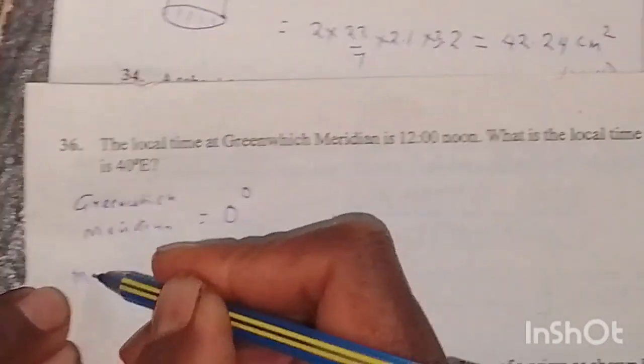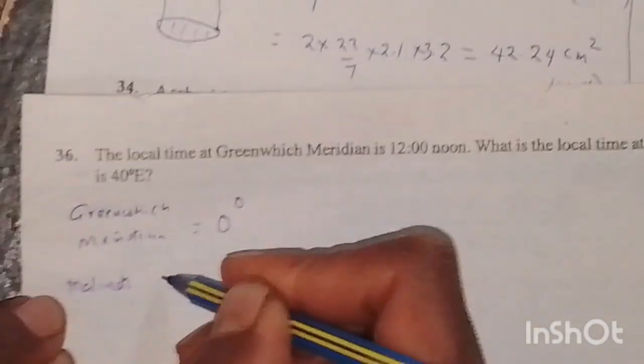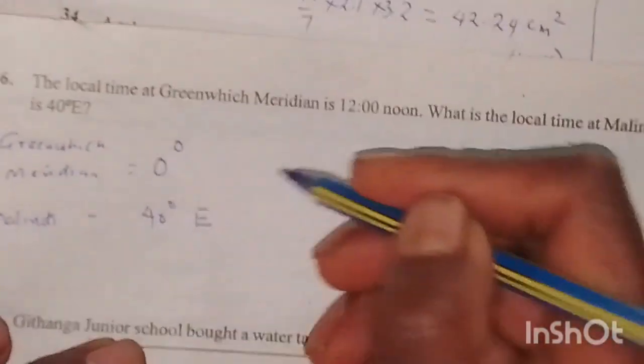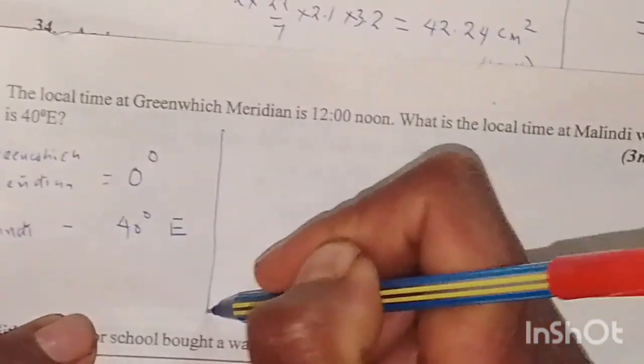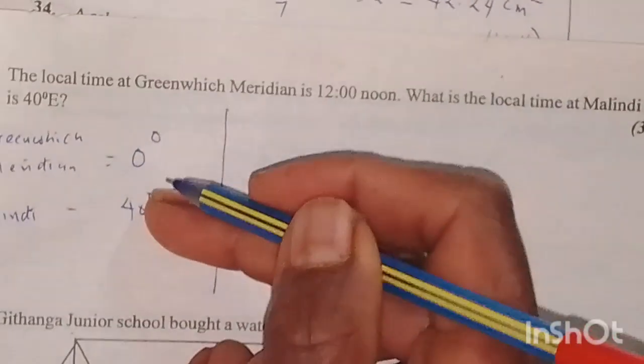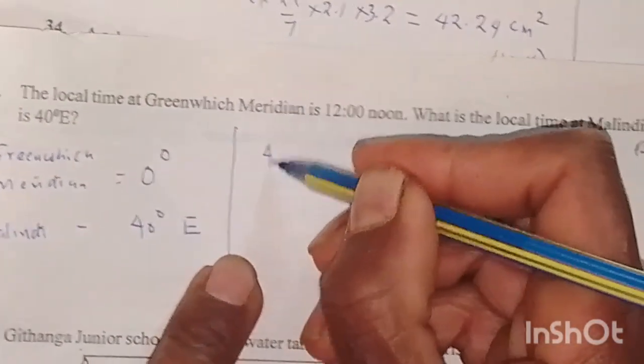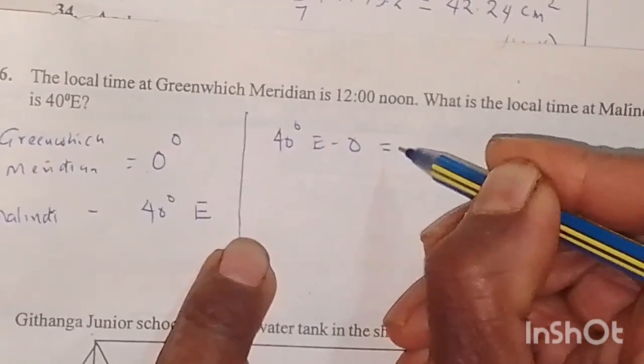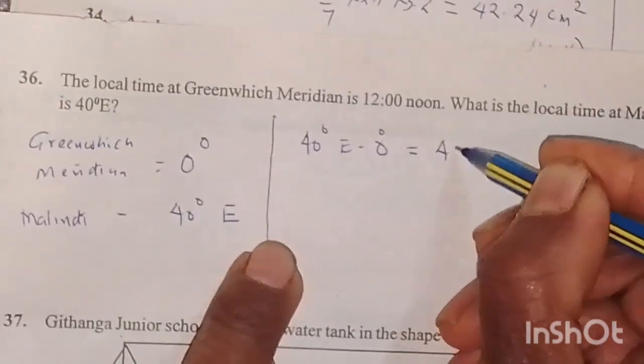But Marindi is 40 degrees east. Therefore, we should determine the difference of the longitude between Greenwich Meridian and Marindi, which is 40 degrees east minus 0, which is 40 degrees.